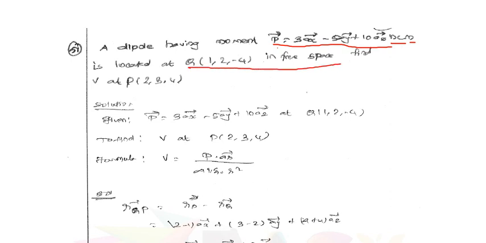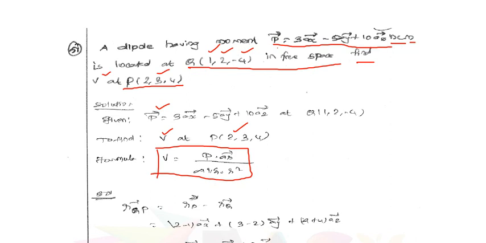The coordinates are given as 1, 2, minus 4, and find V, that is potential at the point P with coordinates 2, 3, 4. So the given value is the dipole moment. We have to find V at the point P of 2, 3, 4. So the formula is V is equal to P into ar vector divided by 4 pi epsilon naught r square.